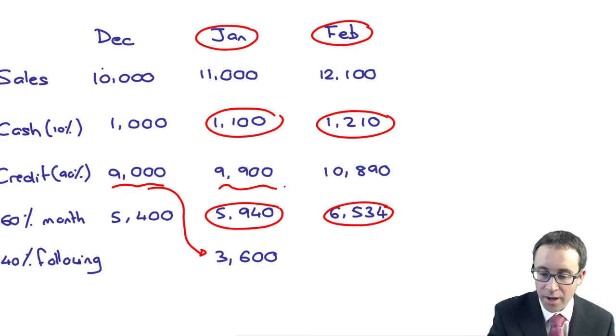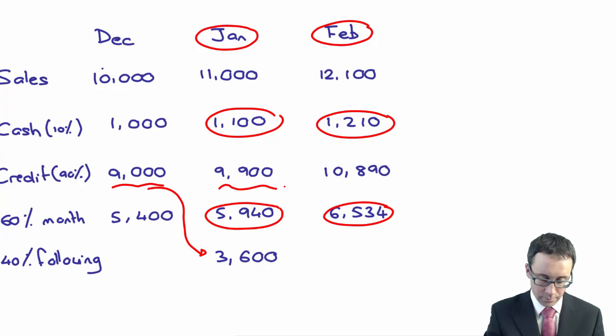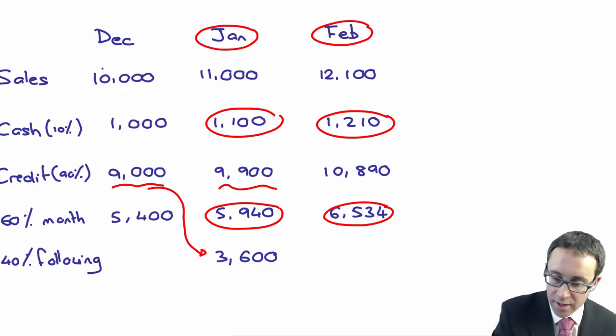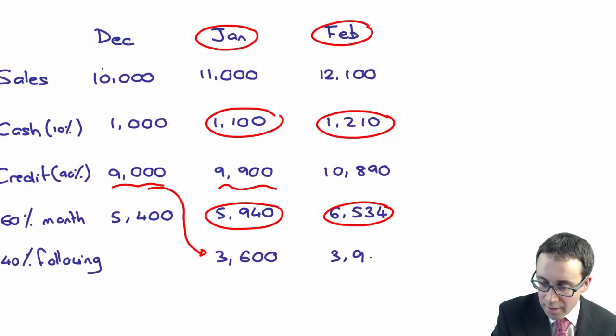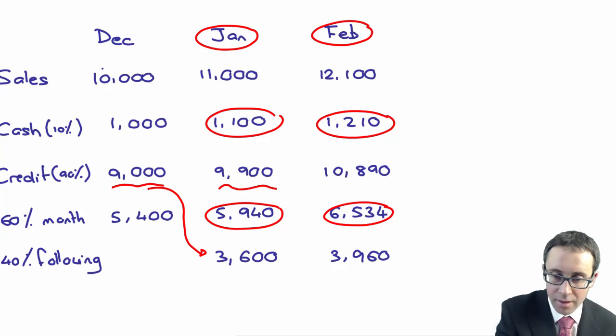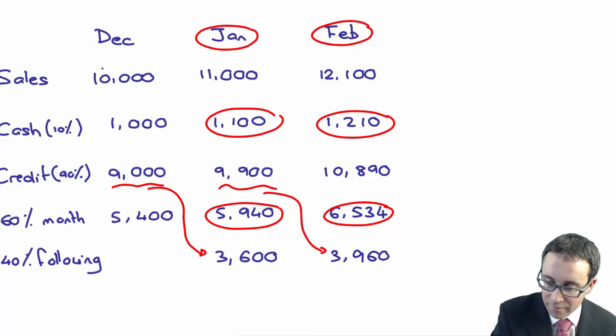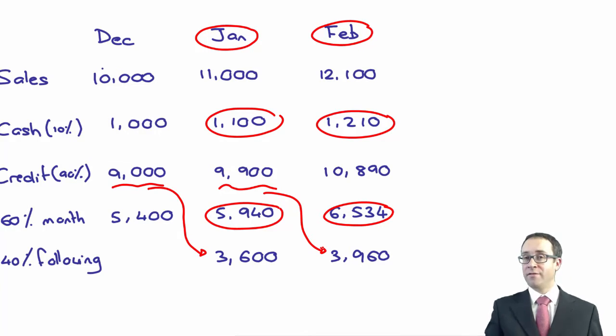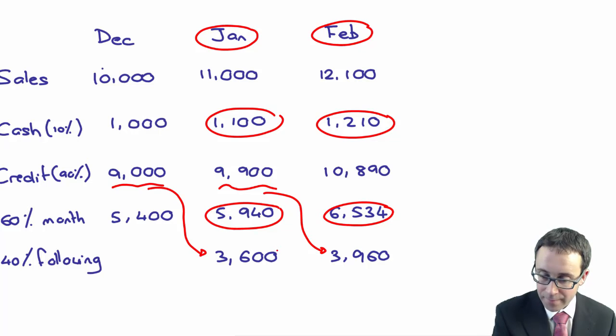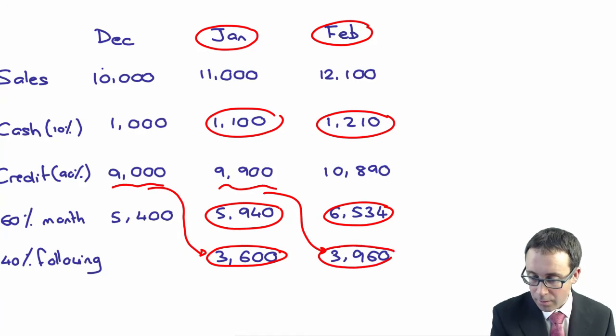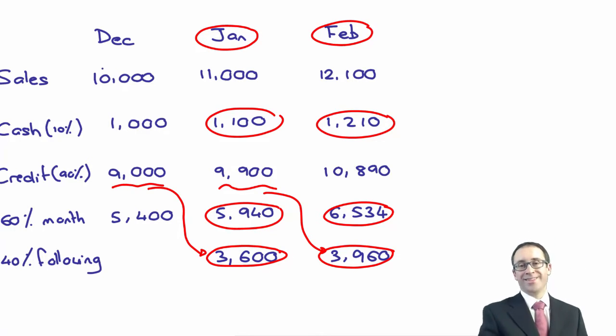Similarly, with the 9,900, we've got the, is it the 3,960? That figure there that we have is what we receive in February, isn't it? Okay. So what you've got there is now the cash inflows in January and February.